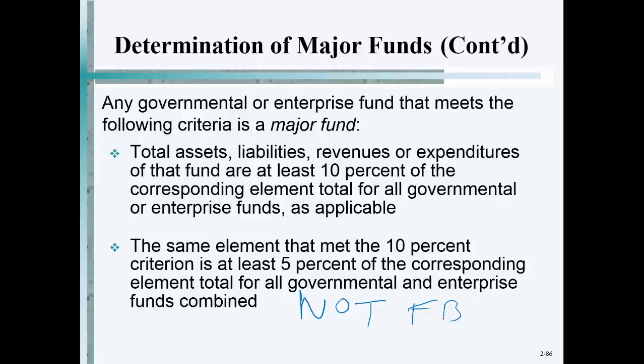It's a very similar process, but for the government, we do what? We go through and we do every single one of the line items except what? Except fund balance. We don't do it for fund balance, okay?